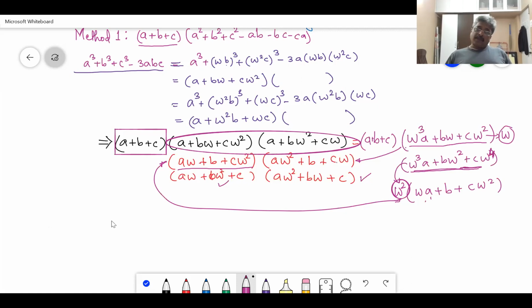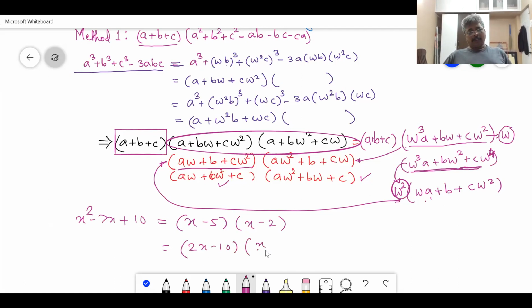Now if we have, say, x square minus 7x plus 10 to be factorized, we factorize it as x minus 5 into x minus 2. But we can always write this as 2x minus 10 into x by 2 minus 1.